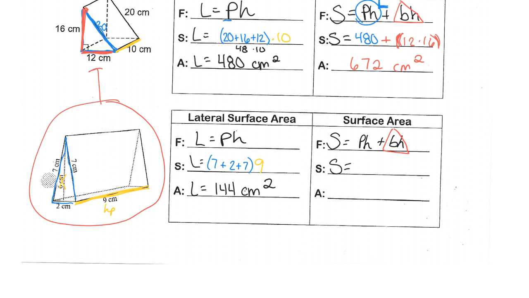And again, to find our surface area, we can transpose our lateral area, 144, plus base times height of my triangle. My base of my triangle is 2. The height of my triangle is 6. So I do 144 plus 2 times 6, which tells me my surface area is 156 centimeters squared. Hopefully you got that. If you don't, please ask questions, okay?